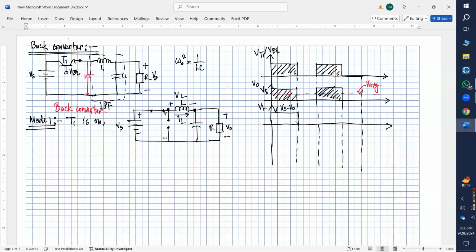So this voltage should be equal to Vs minus V0. In the last class, we also said that the time duration for which the transistor or switch will be turned on is D multiplied by Ts, and the time for which the transistor will be turned off is 1 minus D multiplied by Ts.